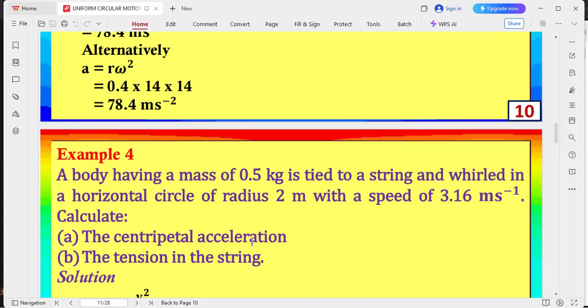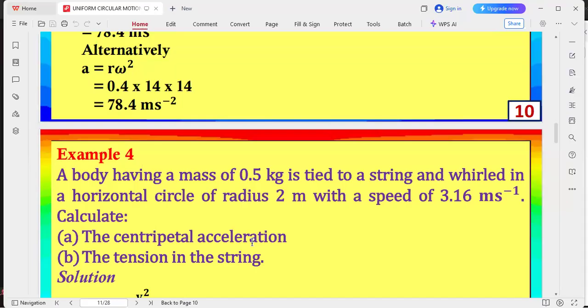If you want, you can also calculate the angular velocity first, by saying that angular velocity equals v over r, which is 3.16 over 2. That gives me 1.52 radians per second.